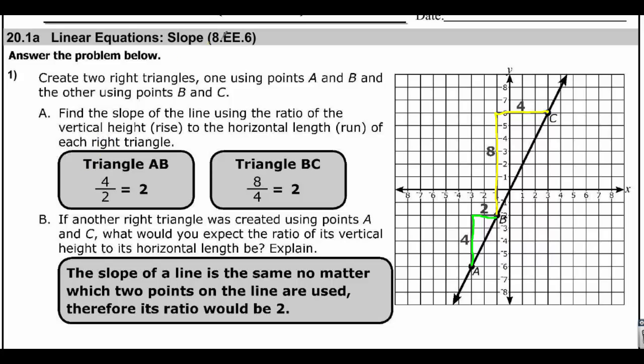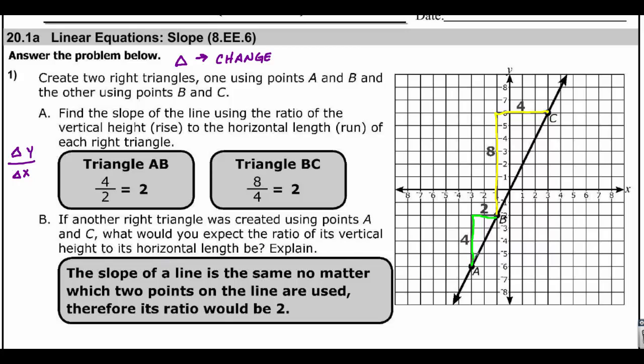So remember, slope is the ratio of change in y over change in x. Write this down somewhere on your paper. That's the Greek letter delta, and mathematicians use the Greek letter delta to indicate change.